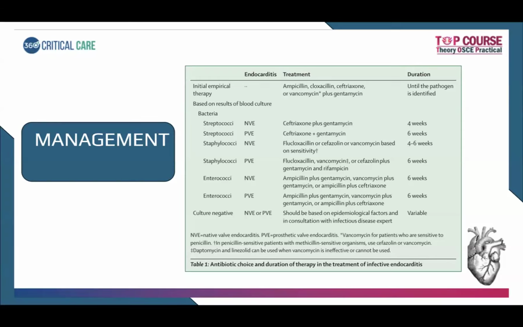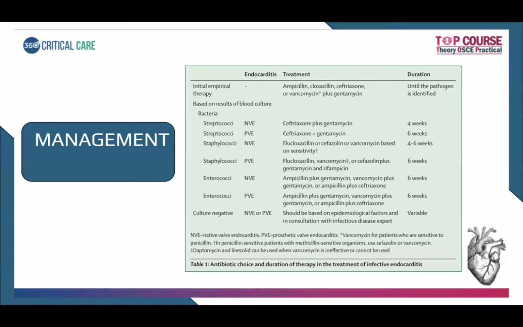Overall, it is the same. But based on sensitivity, for example, MIC values based on penicillin sensitivity or vancomycin resistant enterococcus, what are all the alternate options? In a detailed manner, there are 3 to 4 tables based on the AHA guidelines I have put in. Please go through.